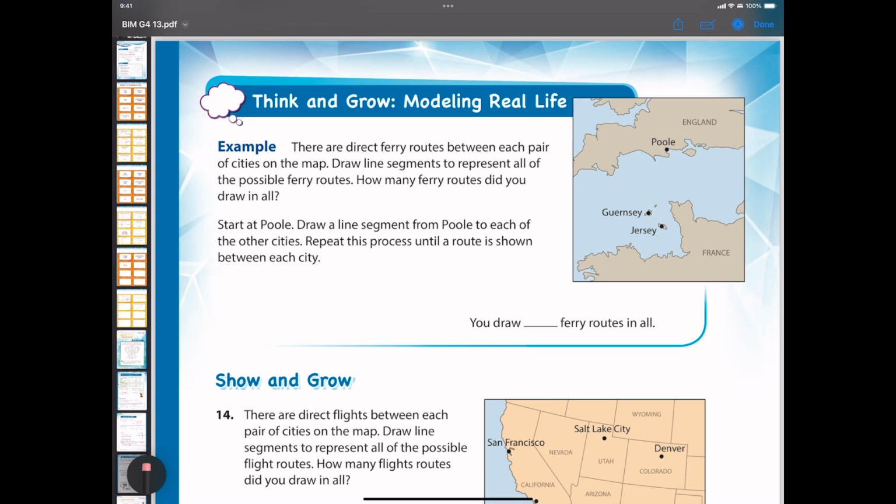Let's go ahead. You need to start from Poole. I'm going to go to Guernsey, and from Poole to Jersey. And there is no more. But then from Jersey to Guernsey. So how many routes? We can find 1, 2, and 3 routes only.